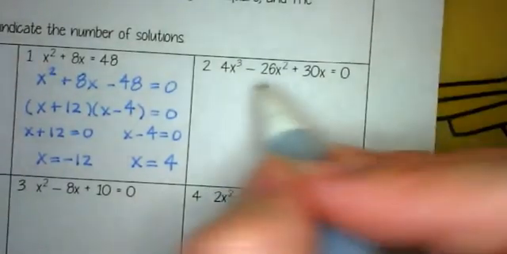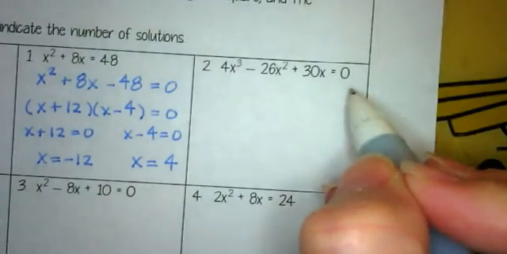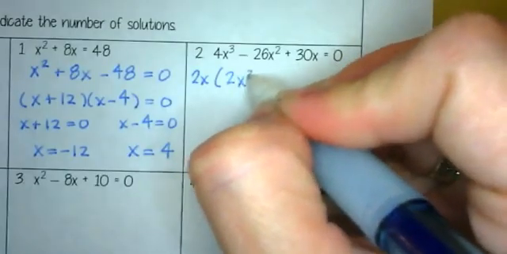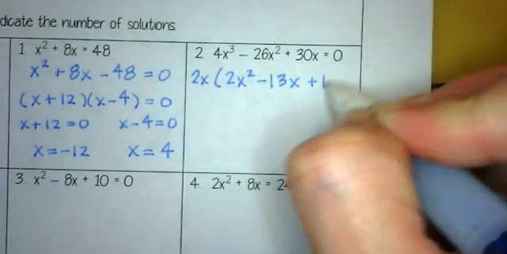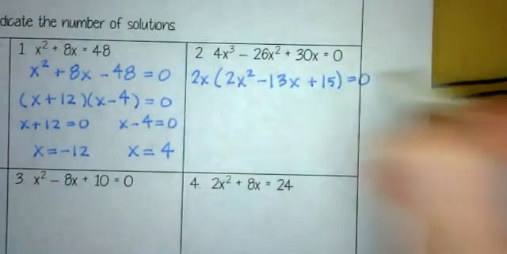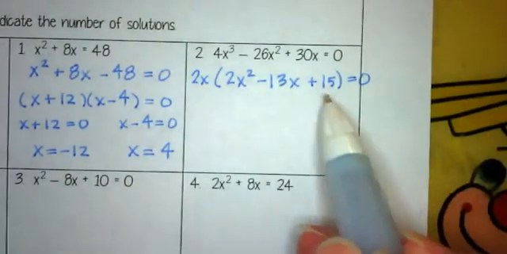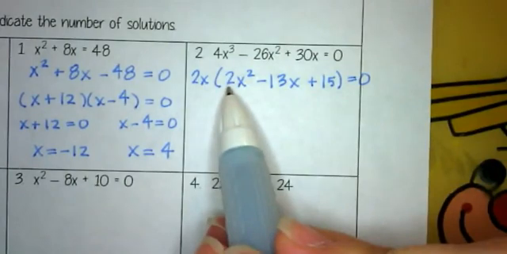All right, on this one, first it's already set equal to 0, so now we're going to factor completely. There should be a GCF here of 2x. So if we take out a 2x, we will have 2x squared minus 13x plus 15 equals 0. This is a trinomial. We have a leading coefficient.